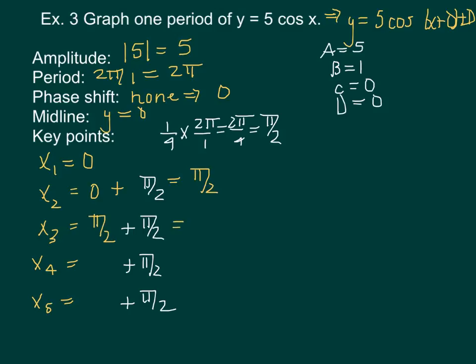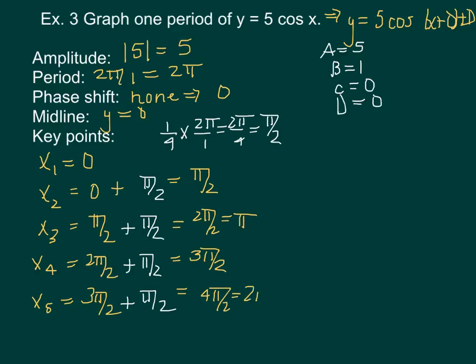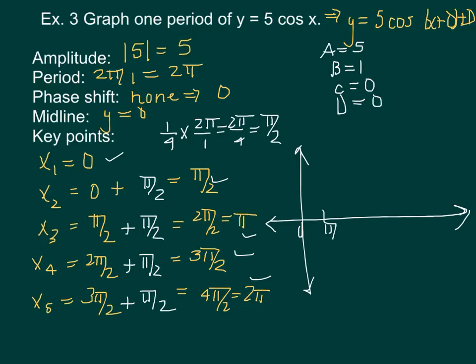Pi over 2 plus pi over 2 is 2 pi over 2, which is pi. 2 pi over 2 plus pi over 2 is 3 pi over 2. 3 pi over 2 plus pi over 2 is 4 pi over 2, which is 2 pi. Notice all your x values are positive. So 0, pi over 2, pi, 3 pi over 2, and 2 pi.